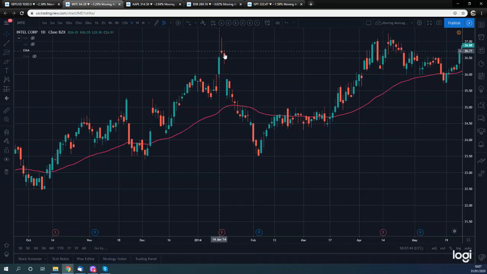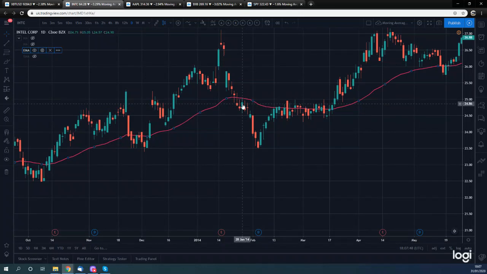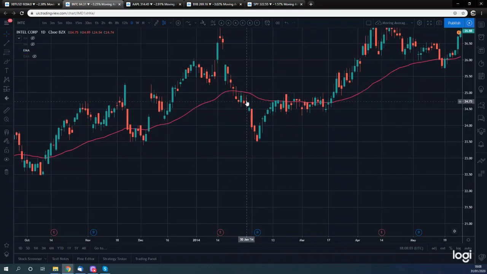But then we start to come down. We break under, like we have done a few times here, but this time instead of regaining the 50 period moving average, and you may notice it was starting to slope down a bit as well, we actually lost the support there.